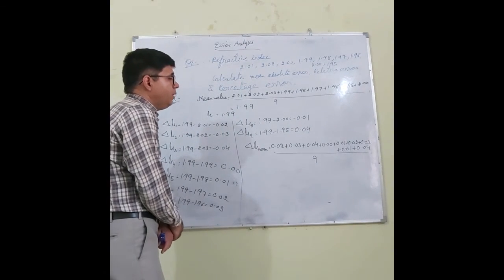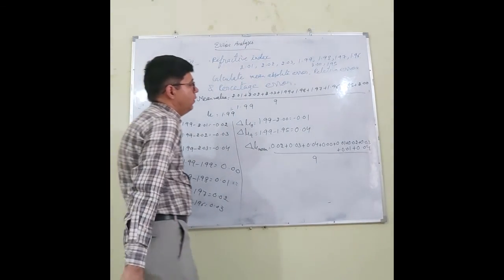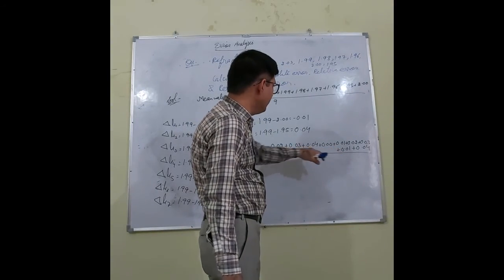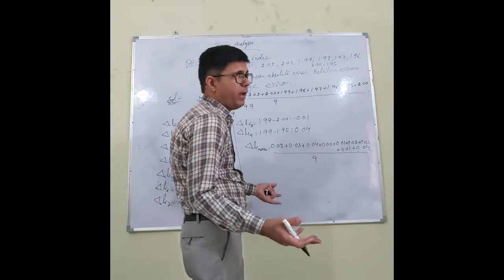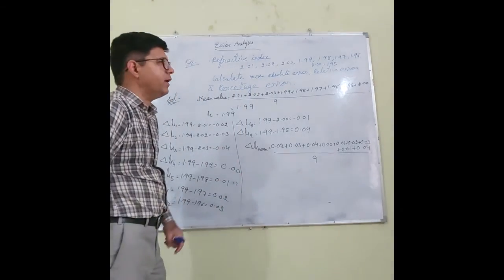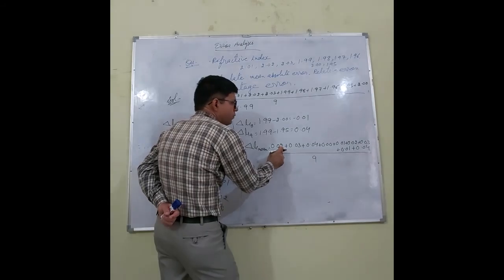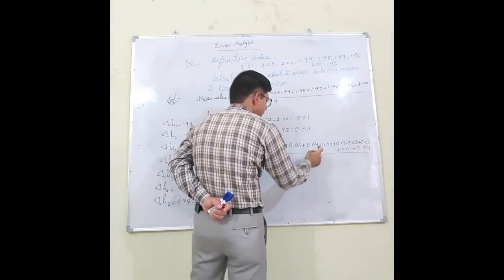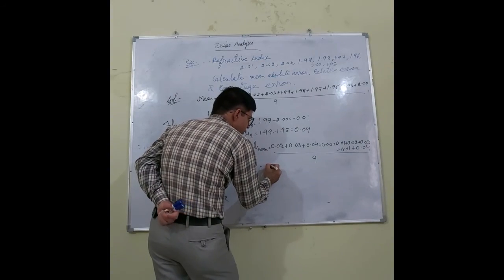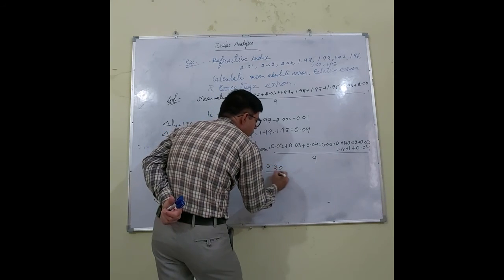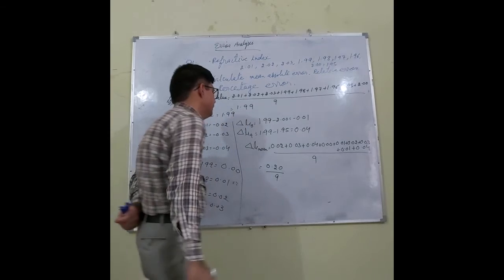So what will be its value? Here 0.01 is twice, 0.02 is twice, 0.03 is twice, 0.04 is twice. So what will be the answer? 1 plus 3 is 4, plus 6 is 10, so that is 0.20 divided by 9.